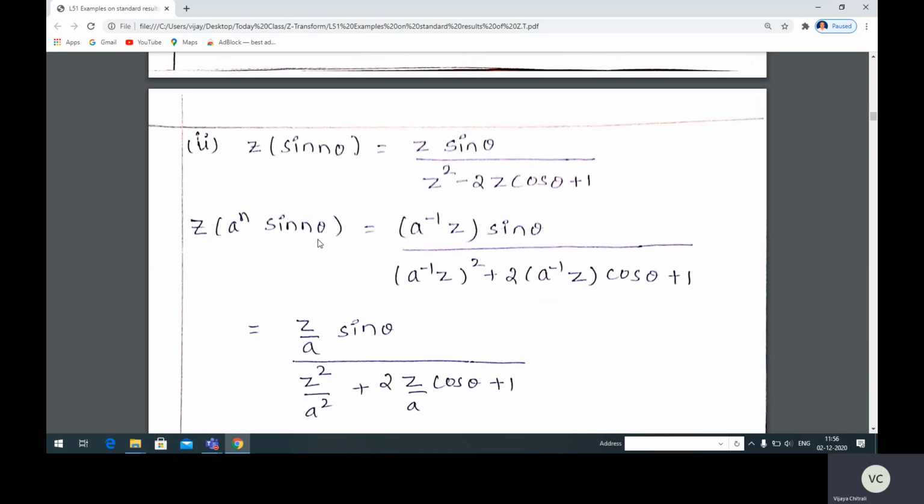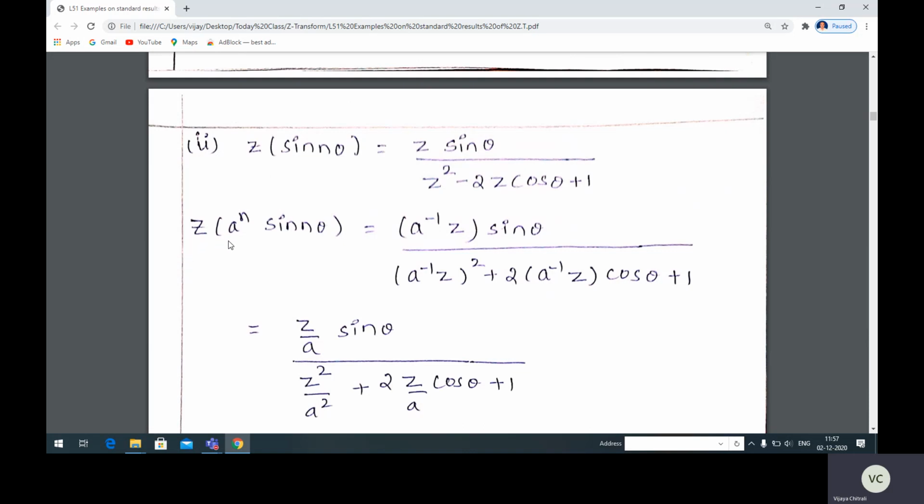Now the second one, Z transform of sin n theta is equal to Z sin theta divided by (Z square minus 2Z cos theta plus 1). So we know the Z transform of sin n theta. I have written it directly here, but in the exam first you need to prove it, then later apply the damping rule.